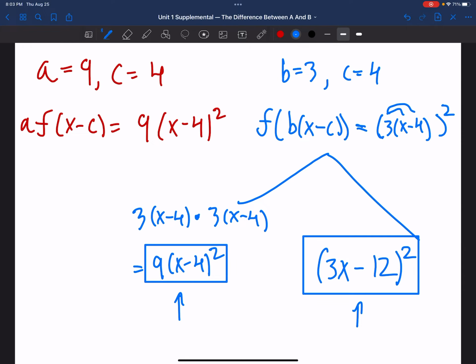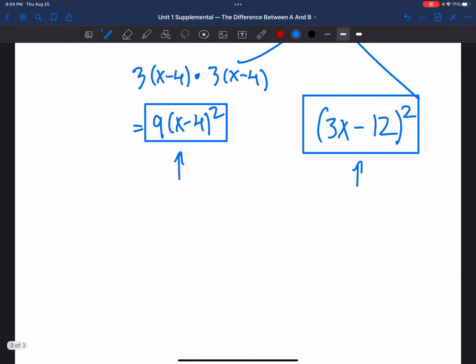You can kind of see the horizontal compression by a factor of 3, but the 12 throws you off, because if you don't factor the 3 out, you would think that it was shifted right 12, but that's not the case. You have to factor that 3 out, so it looks like this form, 3 times x minus 4, that thing squared, to really see that horizontal shift right, okay? And I'll show you again that these things are equivalent.